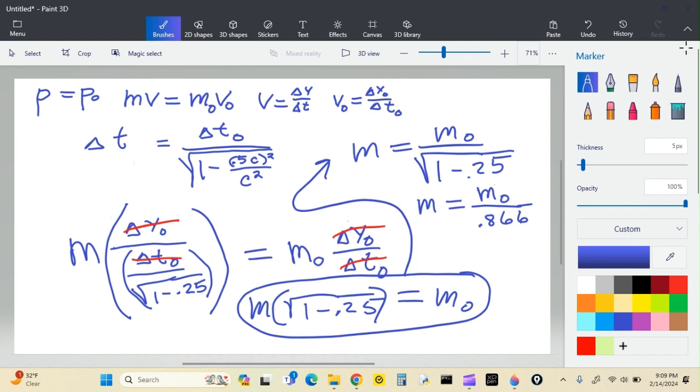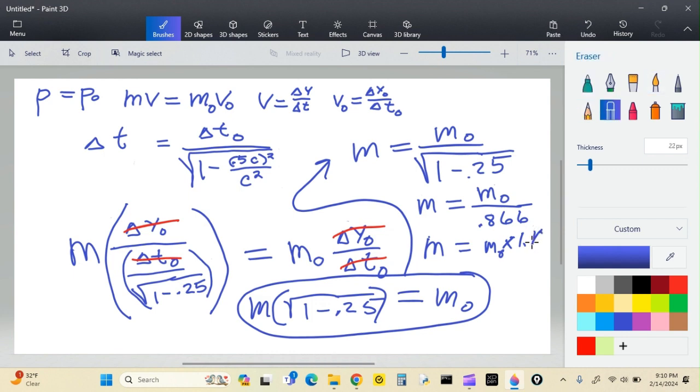So that would mean that the mass seen by red man would be rest mass times 1.15.